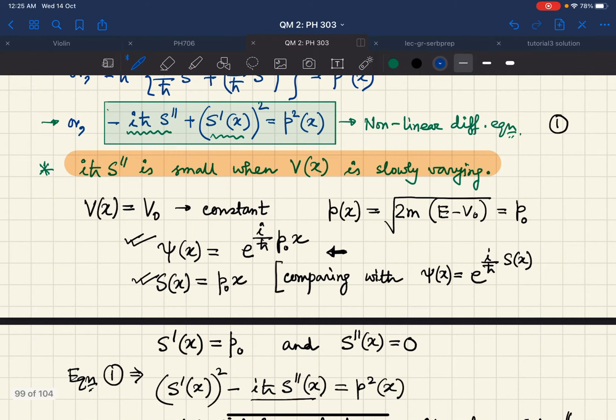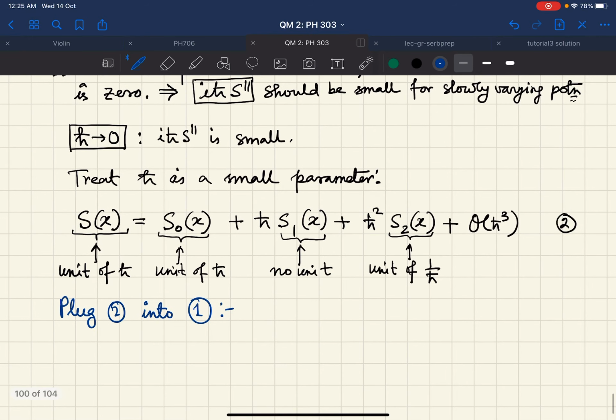We have S prime of x whole square. So S prime of x means S0 prime of x plus ħ S1 prime of x plus ħ squared S2 prime of x and so on, whole square.